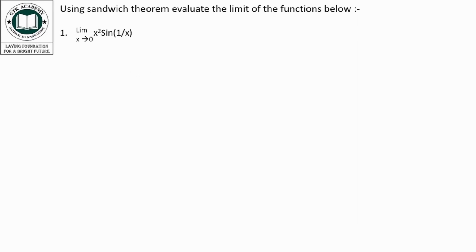Whenever you do any question based on the sandwich theorem, you have to see whether there is something which can be converted into an inequality. Like here we have trigonometric functions. Now we all know that sin x or cos x always lie between -1 and +1.